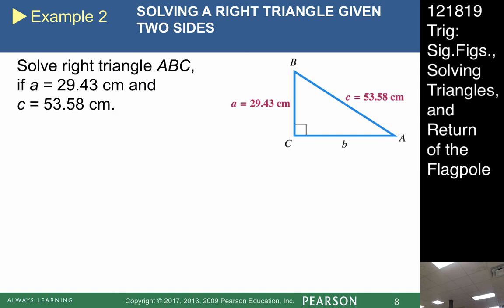B. We could take the tangent of B. What would the tangent of B be? Tangent of 56.7, B, over 29.43, and then this has a cotangent of 29.43 over B. All of these methods, all 9 of them, are valid ways of coming up with the answer.